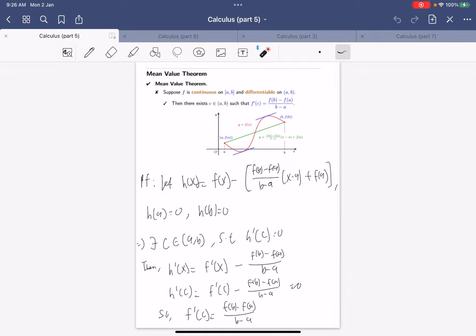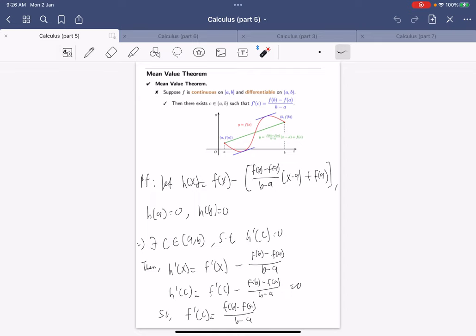The idea is just to shift this graph. Imagine a horizontal graph like this, and then you shift it upwards by moving an endpoint, and it becomes this graph.